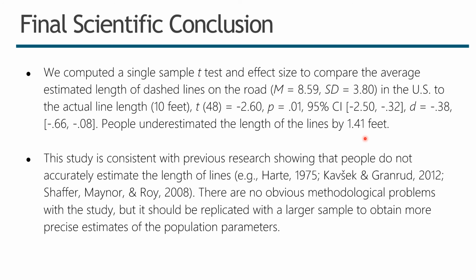However, we are aware that our estimates of the population parameters are not great, because our confidence intervals are pretty wide. We think that our effect size varies between medium to large to basically 0. So if we want more precise estimates, we should really replicate that study with a larger sample size.